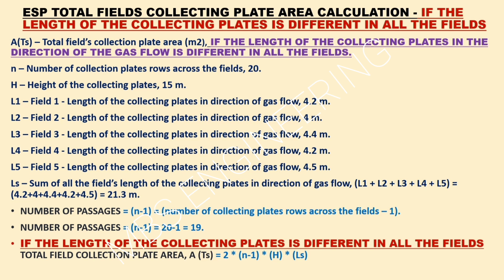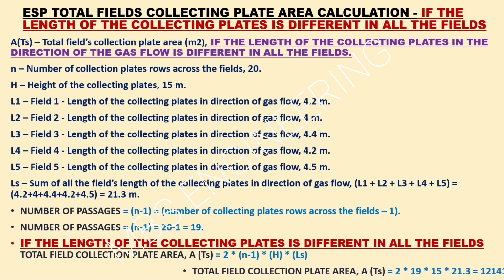Next, the total fields collection plate area calculation equation is given below. Please note this equation is applicable only if the length of the collecting plates in the direction of gas flow is different in all the fields. Total fields collection plate area, ATS, is equal to 2 multiplied by number of passages, multiplied by height, multiplied by length LS.